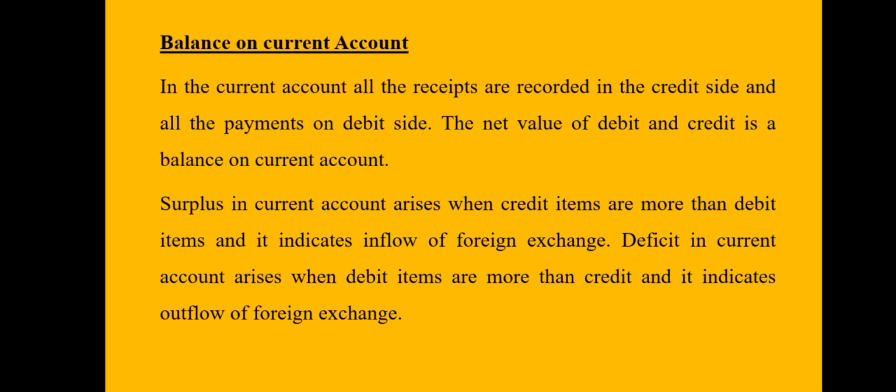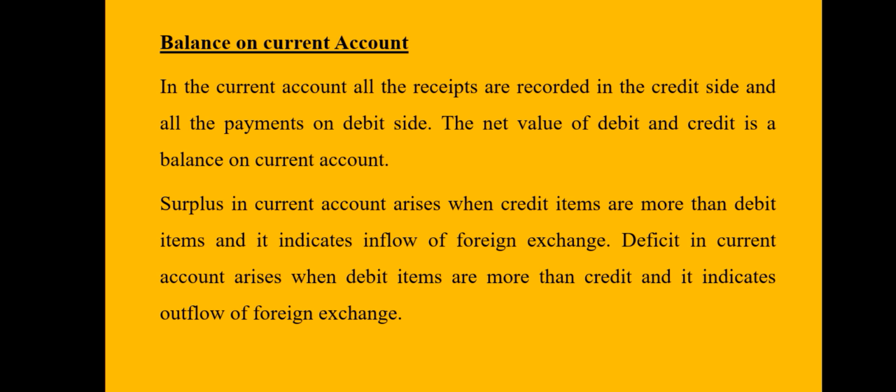Surplus in current account arises when credit items are more than debit items. It indicates inflow of foreign exchange. When there is excess of receipts over payments, it is surplus.